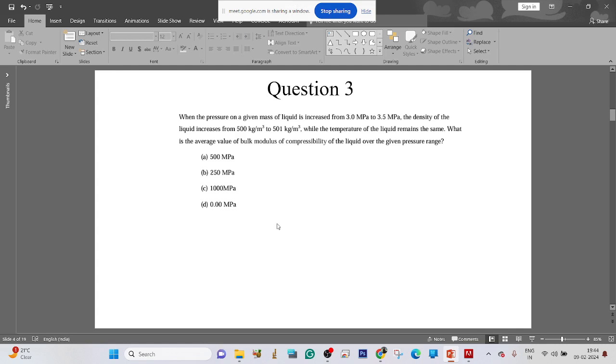Do you remember the bulk modulus formula? Change in pressure to volumetric strain. Yeah, change in pressure to volumetric strain, but for density, it will be negative for that case. For density, it will be just delta density upon the initial density, right? So do that.